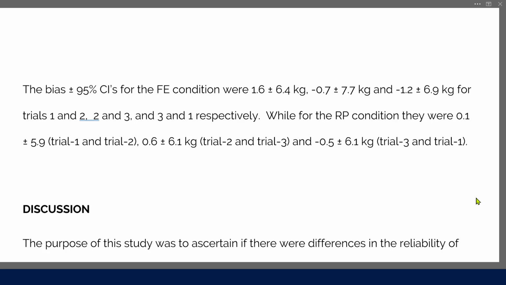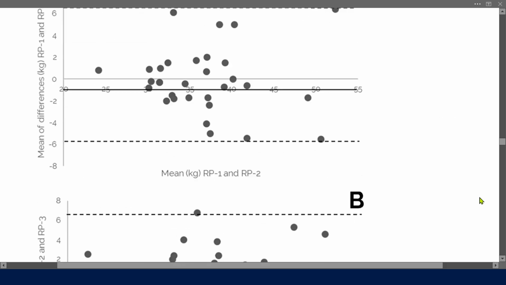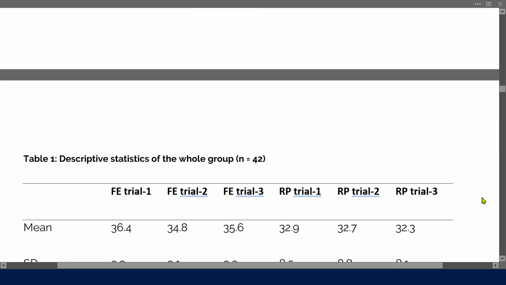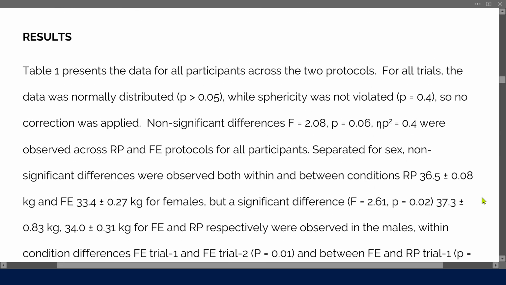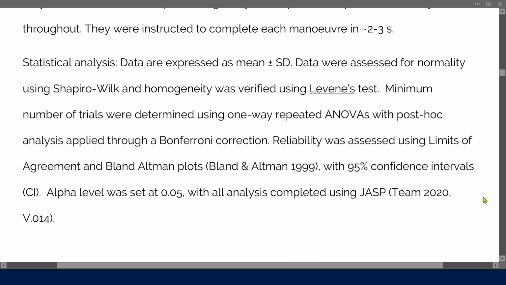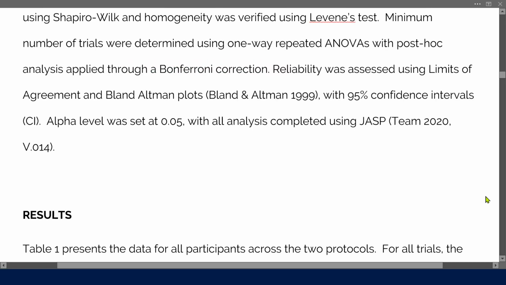Look. So remember that in this section here, we've moved from our inferential statistics, which is our ANOVAs, and then we've moved from the group into the sexes, and then we've actually looked at the reliability using our limits of agreement. So if you look at the methods section, just to remind you, data are expressed as means plus standard deviations.